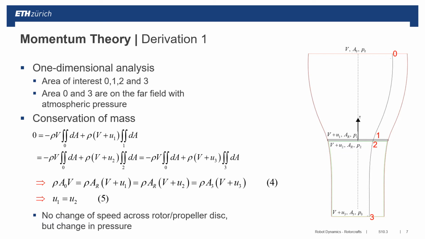From equation 4 we can directly derive that U1 is equal to U2. This means that we have no change in speed through the disk, but of course we will have a change in pressure, which is directly reflected in the thrust force generated by the propeller.